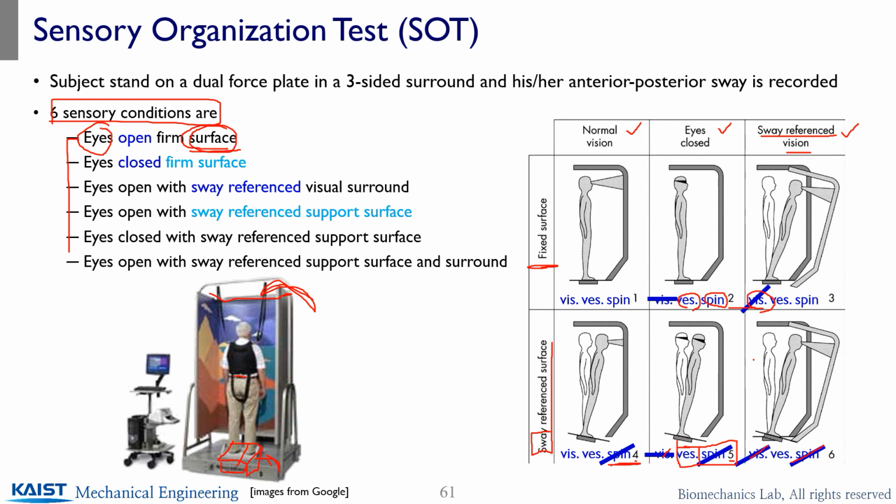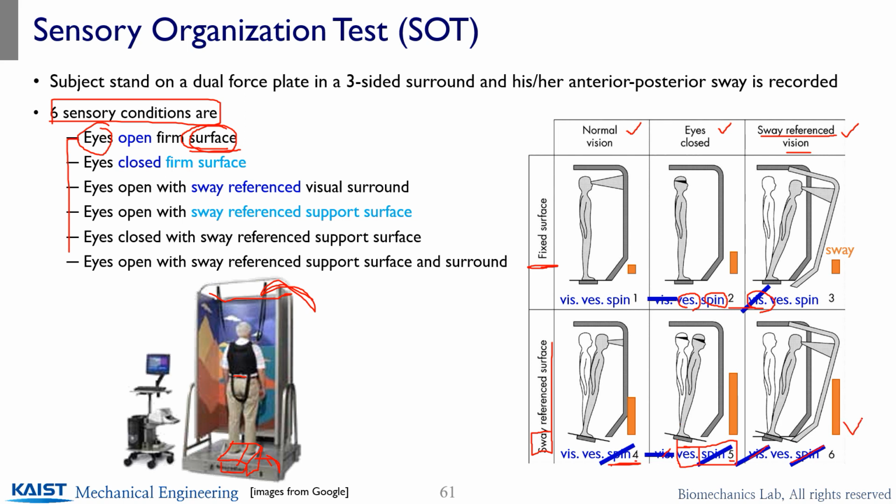And then what would you expect? Would you expect a significant change in the sway? That would mean you require that sensory information for posture control. The data show that there is a huge increase in the sway in conditions 4, 6, and 5.